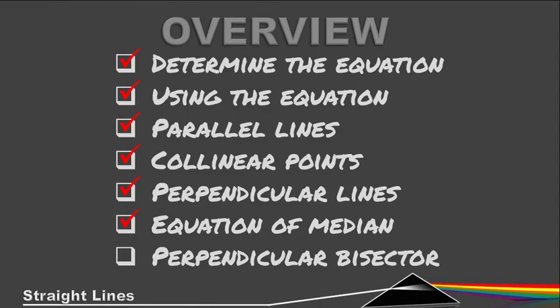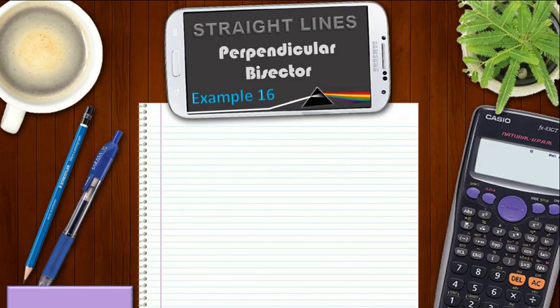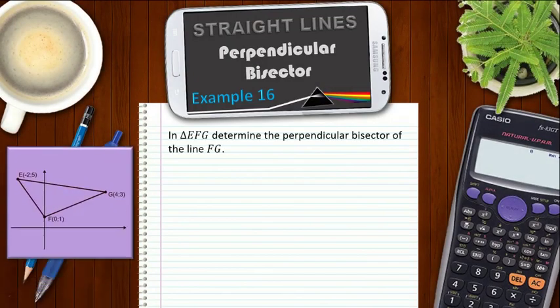Let's now look at perpendicular bisector. Now in this example, it says in triangle EFG, determine the perpendicular bisector of the line. All right, now there are two very important words in this sentence. The one is perpendicular and the other one is bisector. So bisector means that you are cutting a line in half.